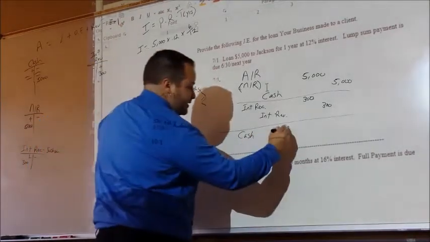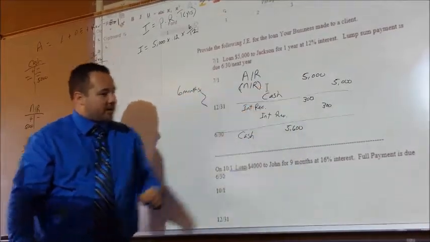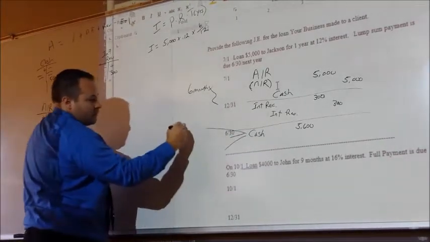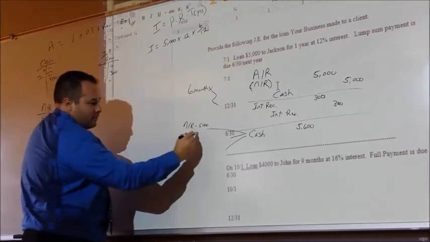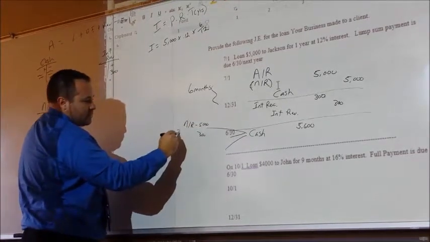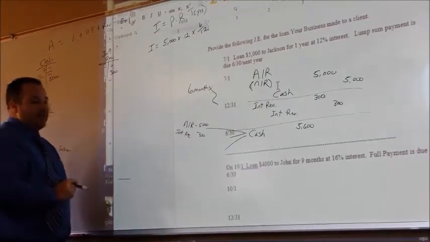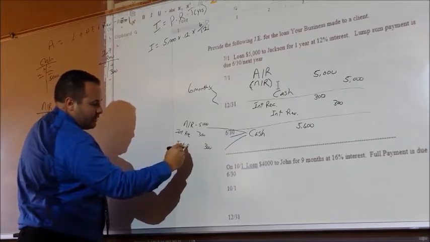Good, 5,600. We got back the original 5,000. Let's figure out where this came from. The original 5,000 from the note, 300 from the interest receivable from last year, and then the other 300 from the new revenue.